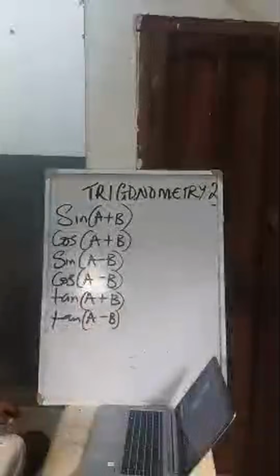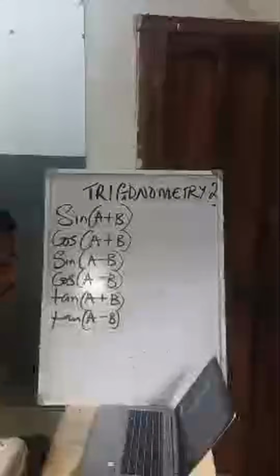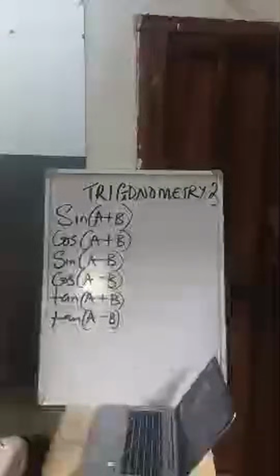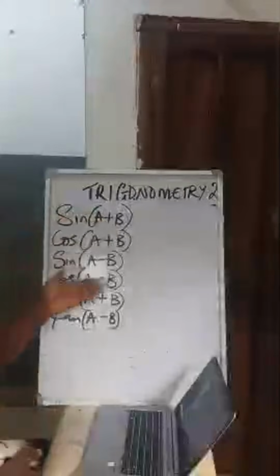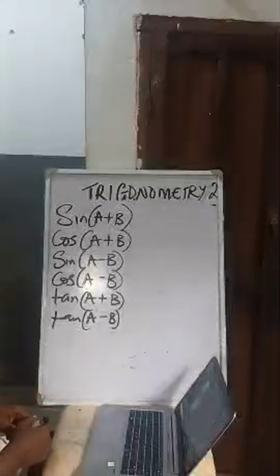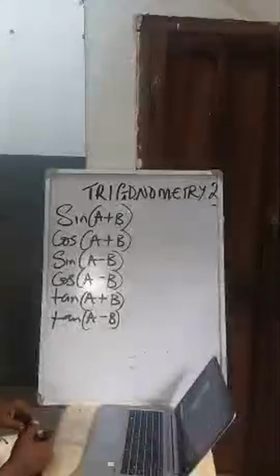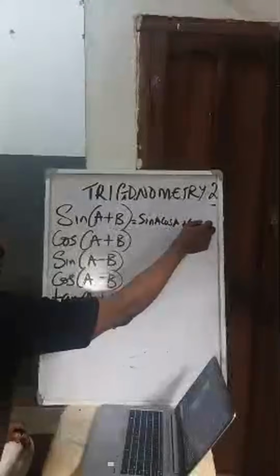Addition or sum of two angles. Sum of two angles formula. Addition or subtraction of two angles. So this is the same thing as sine A cos B plus cos A sine B.